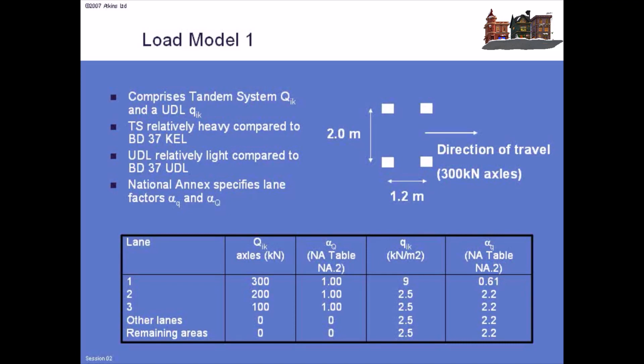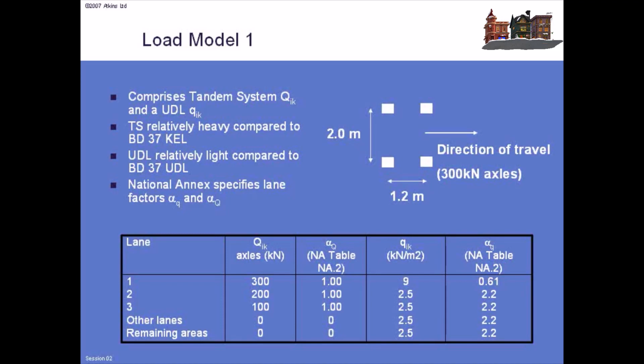And the tandem system is a lot heavier than the equivalent knife edge load used to be in BD37, but the UDL is a lot lighter than the old HA UDL, and also it's constant with all loaded lengths, so it doesn't change with loaded length at all. So it's a lot simpler to use. In a similar sort of way as we had in BD37, each lane also has a lane factor which we apply, and that is a national annex determined parameter.